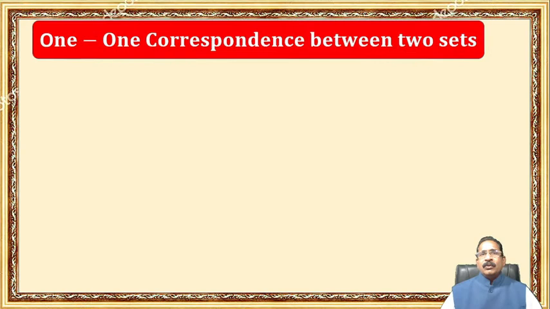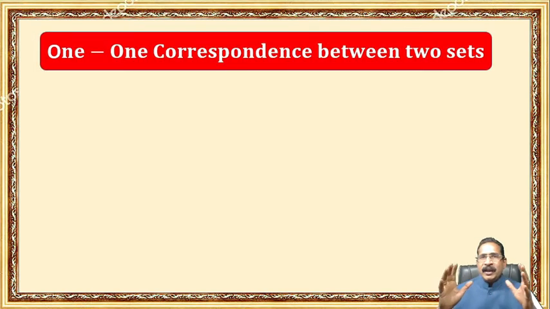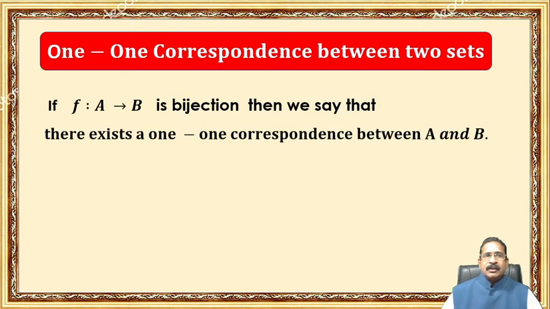Now we will go for the definition of one-to-one correspondence between two sets. Any map f from A to B that is a bijection, then we say that there is a one-to-one correspondence between A and B. What is one-one?